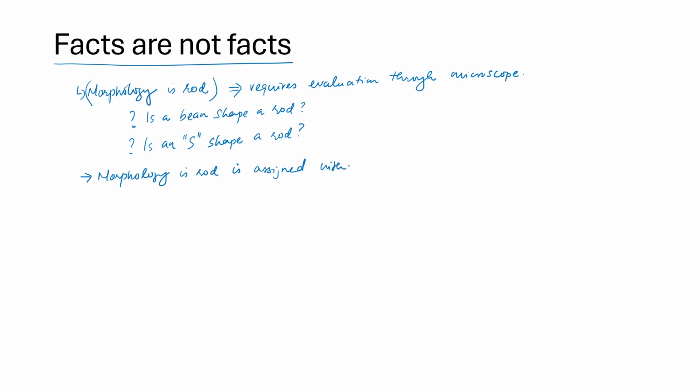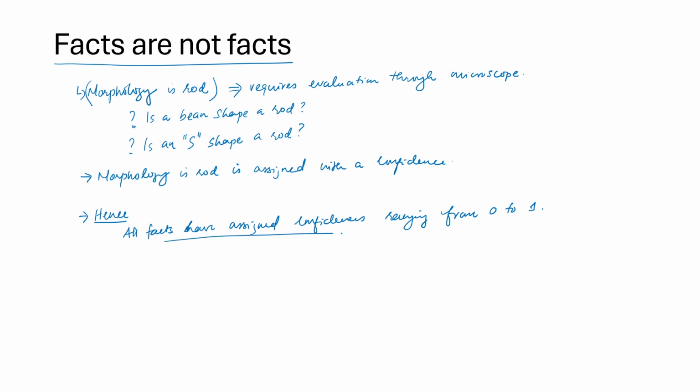Assigned with a confidence. So, instead of saying the rod or something, the person can assign a confidence. And hence, all facts have assigned confidences ranging from 0 to 1.